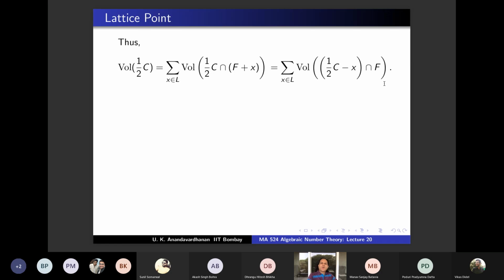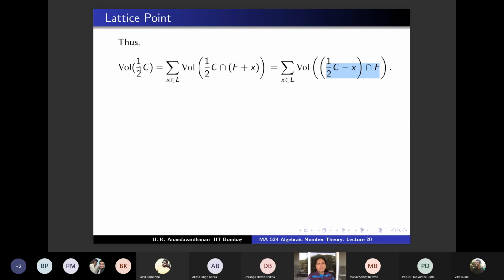So what can you conclude? Suppose all these things were disjoint, as X varies. Then the sum of the volumes will be the volume of the union of these things, but everything is contained in F. So it will be at most volume of F, less than or equal to volume of F, if all these things were disjoint.